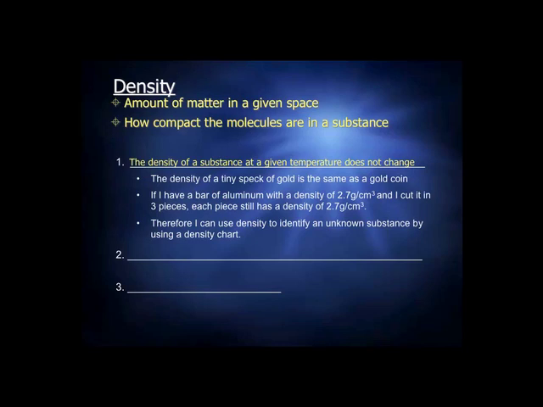If you just had some shape and you weren't sure what metal it was, and you find its mass and you calculate its density and you find that it's 2.7, you can be pretty sure that that material is made out of aluminum. And aluminum's density is 2.7. So we have a chart that we'll be using later on in this section that lists the density of various materials so that you can use it to identify what they are.